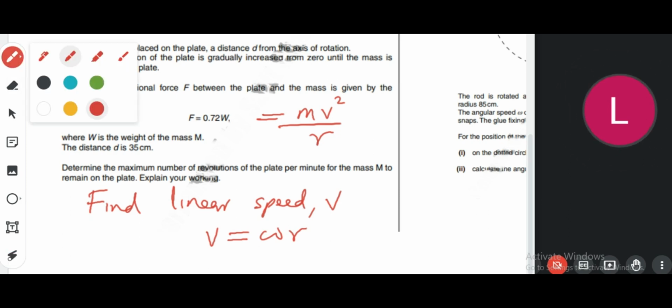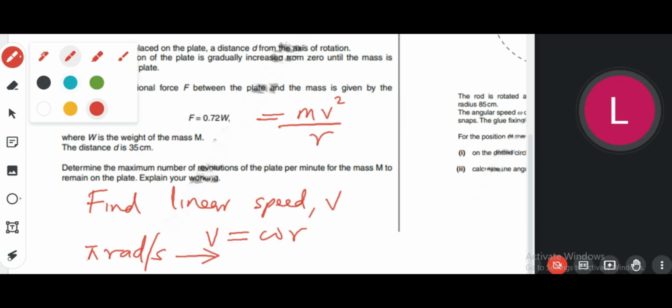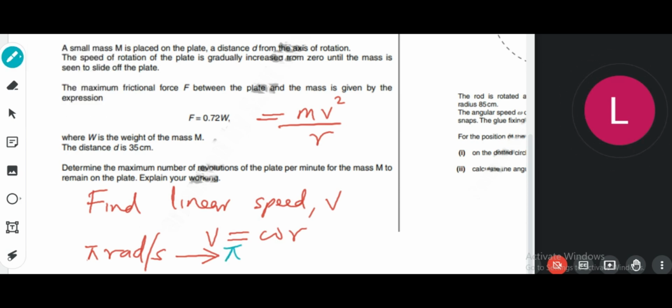For instance, if you got pi rad in 1 second, it means this angle is covered in 1 second.